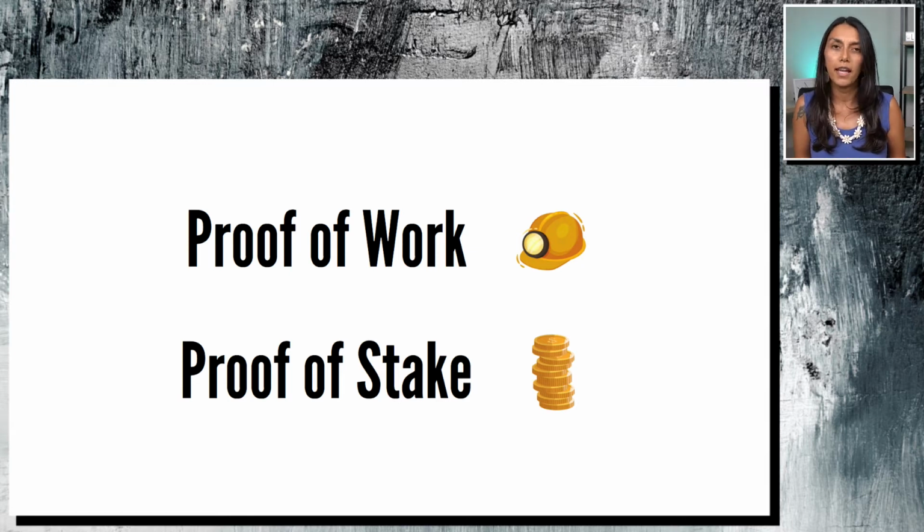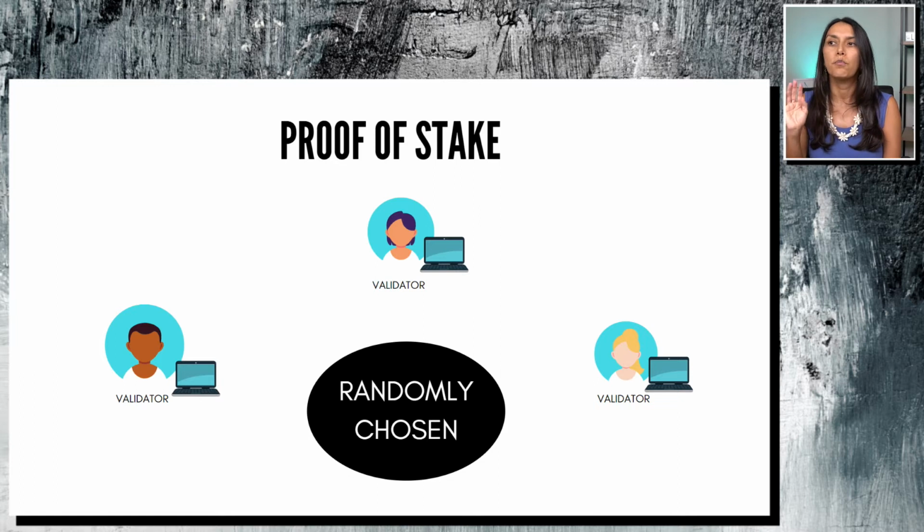On the other hand, the proof of stake is based on a monetary deposit instead of technological investment. So now we will go to the proof of stake and I will explain how it works. In this case, you don't have miners anymore, you have validators.